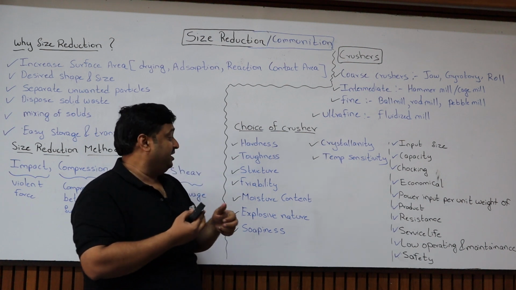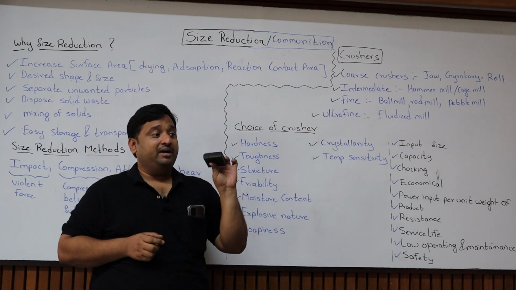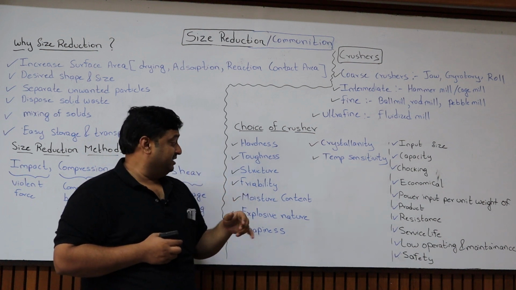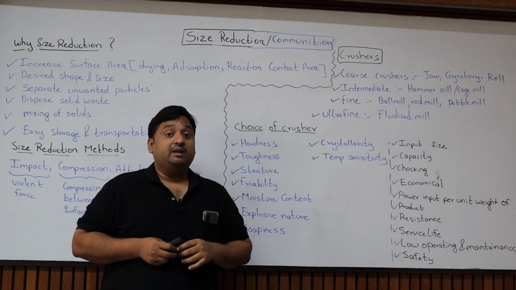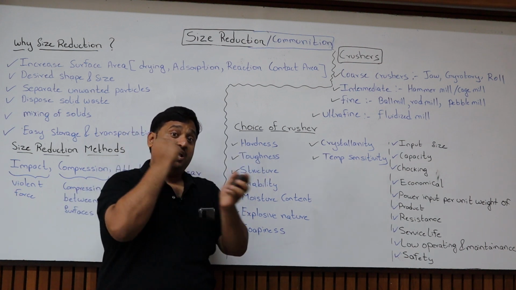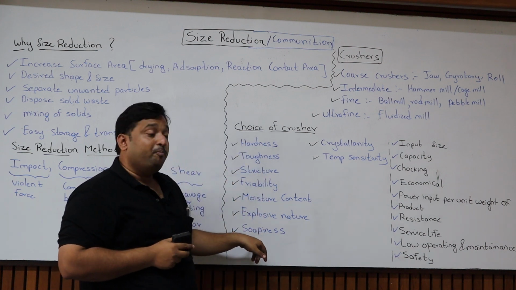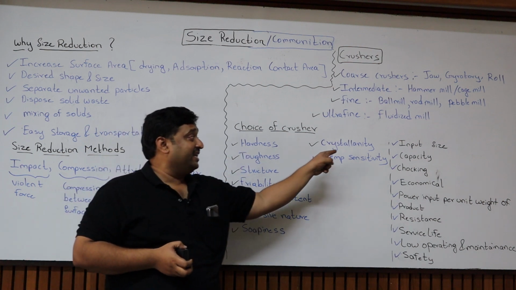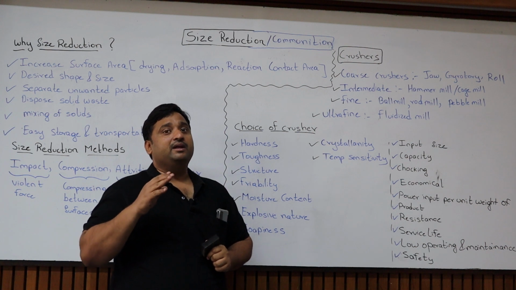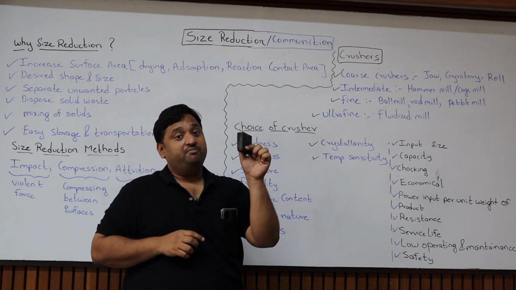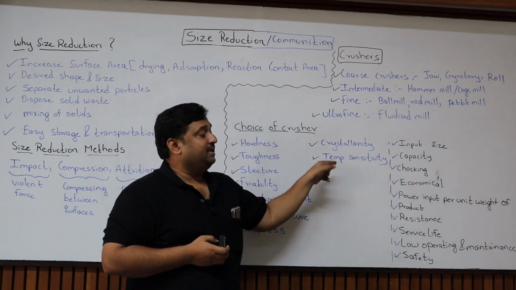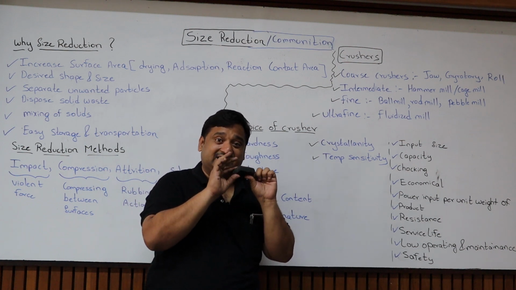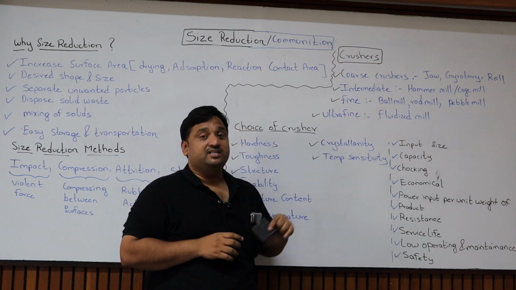Then moisture content, whether I am dealing with softer or harder materials. Explosive nature: if it is explosive, I cannot put heavy force on it. Soapiness, meaning a slippery tendency. Crystallinity, and what kind of crystalline material I am dealing with. Temperature sensitivity: is the temperature going to destroy my material? That's called temperature sensitivity.